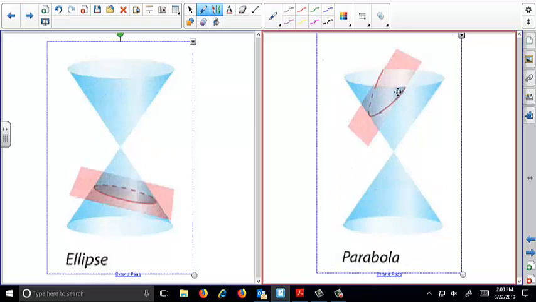A parabola has the plane at the same angle as the angle of the cone, and so this plane only intersects this top cone. It never intersects the bottom cone. So that is a parabola.